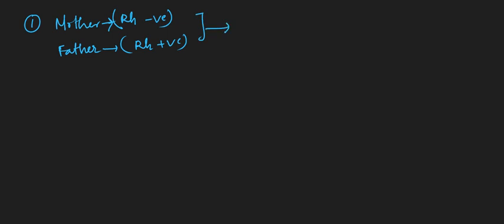Only when the mother is Rh negative and the father is Rh positive, then only this erythroblastosis fetalis or hemolytic disease of the offspring will occur. Only when the mother is Rh negative and the father is Rh positive, this condition will occur.